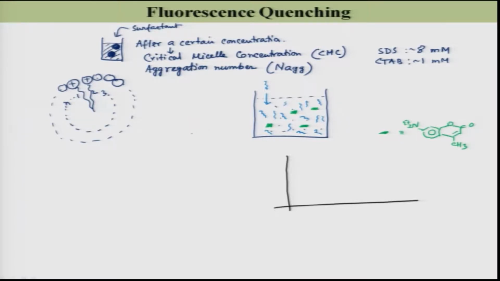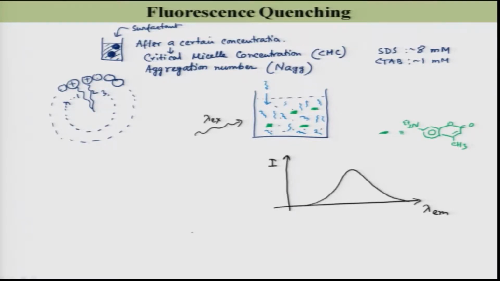You just excite with a suitable light, lambda excitation, and then measure the fluorescence intensity as a function of wavelength, and you will get the fluorescence spectra. I will plot intensity versus lambda emission. Let us say the fluorescence spectra looks something like this.